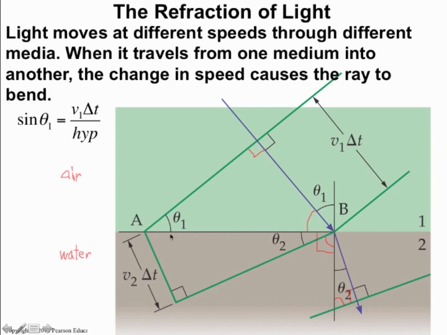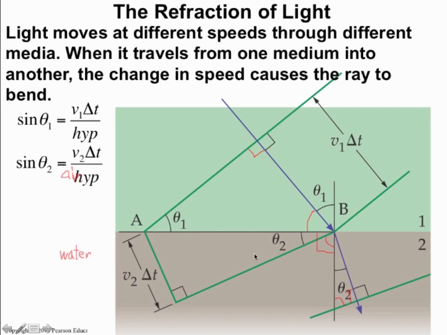All right, so what I'm tracing back and forth now with the mouse arrow is what I mean by the hypotenuse of that triangle up there. Okay. All right, so this triangle then, this big right triangle that I'm tracing, is such that the sine of theta 1 is V1 delta t over hypotenuse.